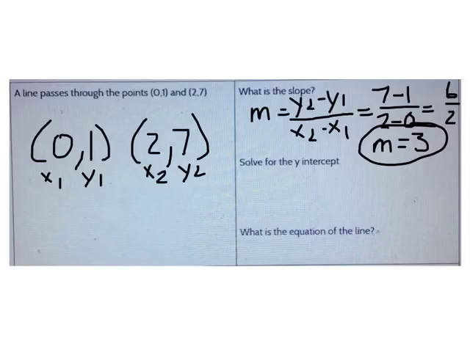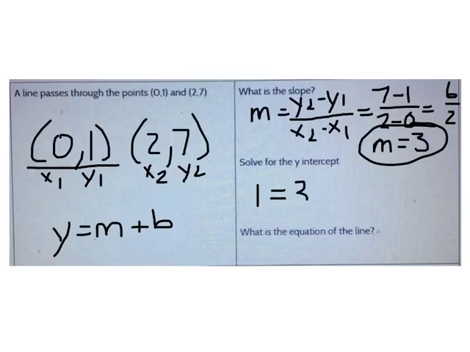Now I can plug in an x, a y, and my slope to solve for b. Let's use (0, 1). So y, 1, equals m, 3, times x, 0, plus b. What's b?